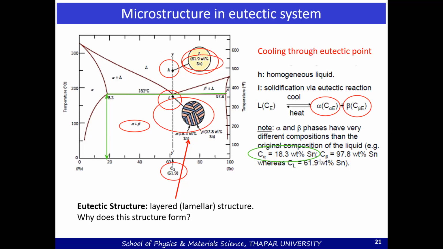Here it is mentioned as precise value 18.3 weight percent of Sn. In the same manner, if I take the vertical intercept from the isotherm line with the beta phase, it is going to give me the concentration of the beta, which is equal to 97.8 weight percent of Sn.